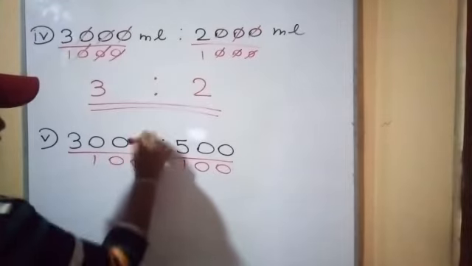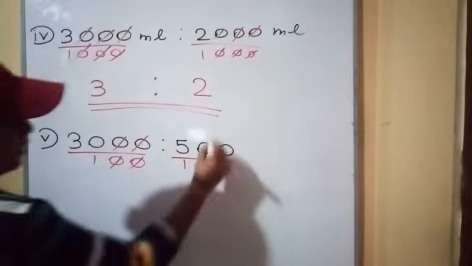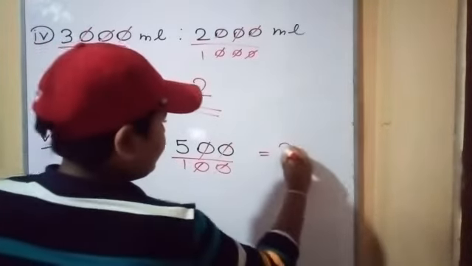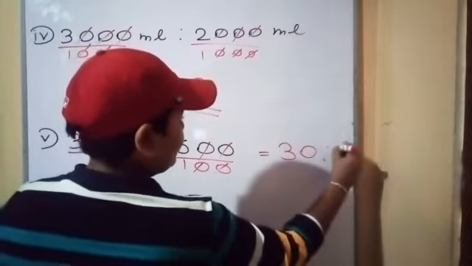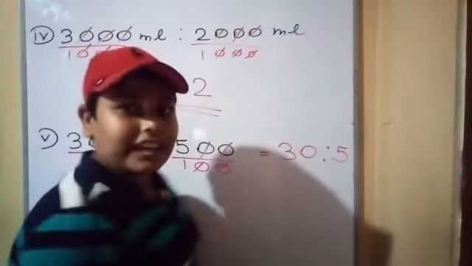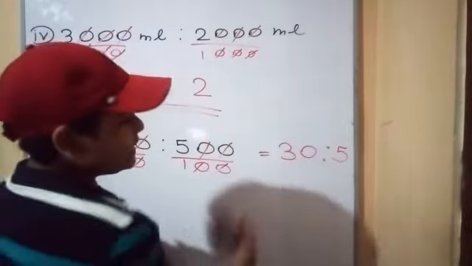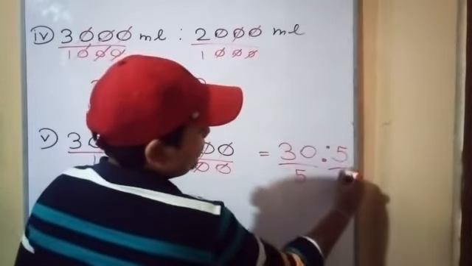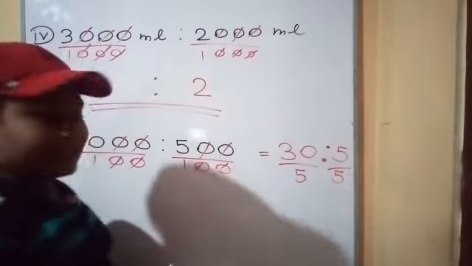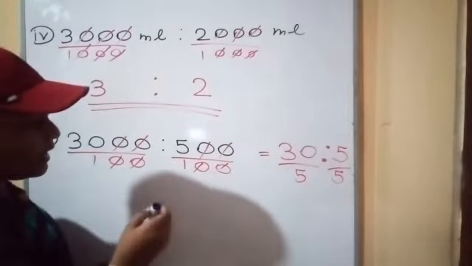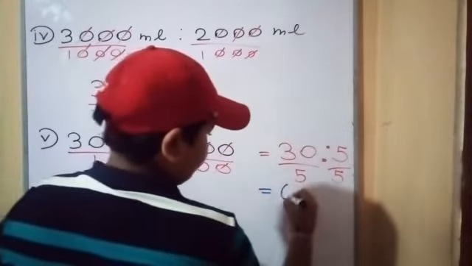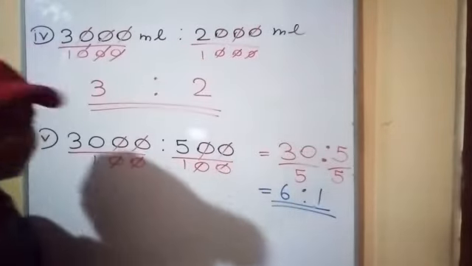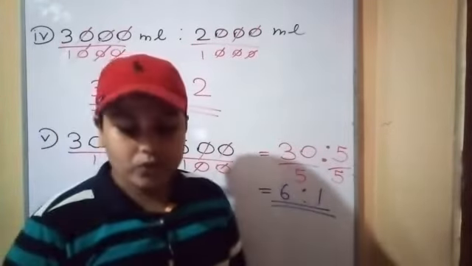What's the answer? Cut the zeros. Now what's the answer? There remain 30 to 5. Is it correct? Simplest form means there is another simplification. Can both divide by 5? 30 also can. What's the answer? 6 to 1. 6 to 1 is the answer.